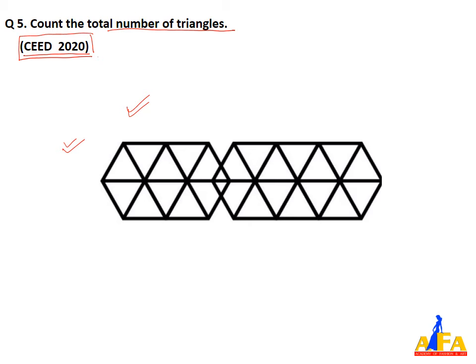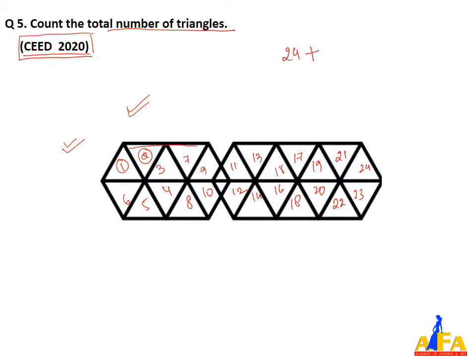We can calculate the number of triangles like 1, 2, 3, 4, 5, 6, 7, 8, 9, 10, 11, 12, 13, 14, 15, 16, 17, 18, 19, 20, 21, 22, 23 and 24. So the total number of smaller triangles is 24 plus.